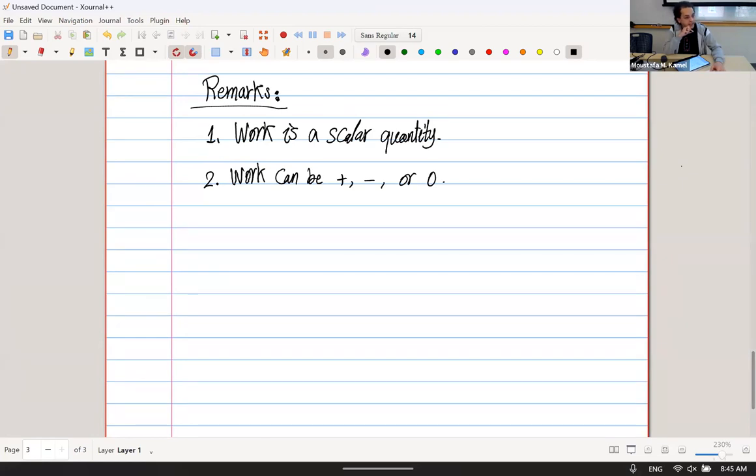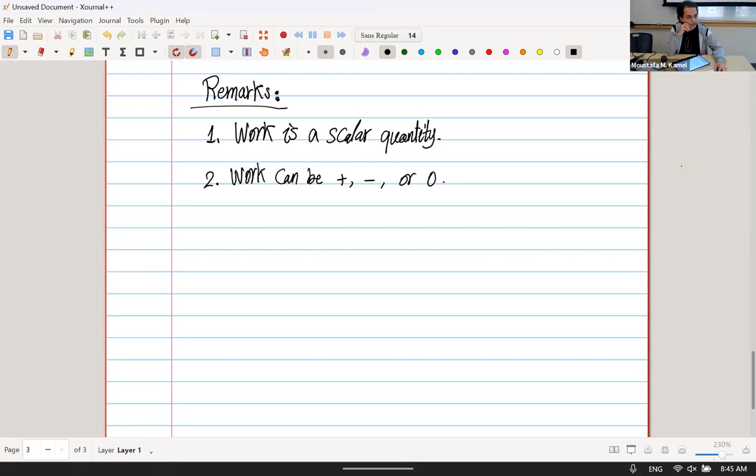And in kinematics, we associated positives and negatives with direction, right? But it's not general that positive and negative are directions. So work can be positive, negative, or zero, but it is a scalar. So what does this positive, negative, and zero mean? Any suggestions? Any ideas?